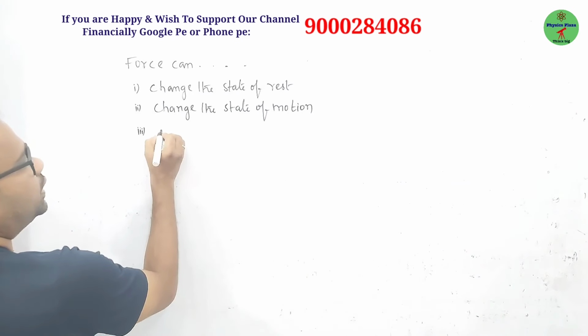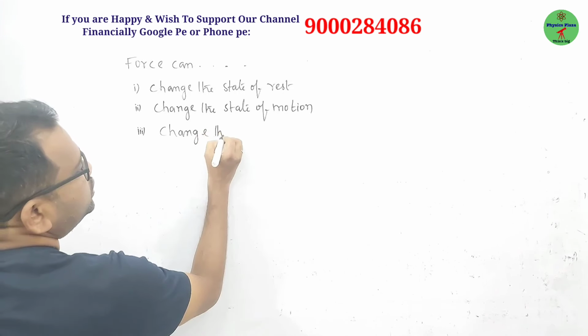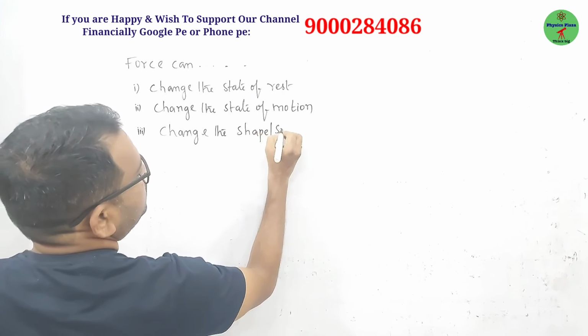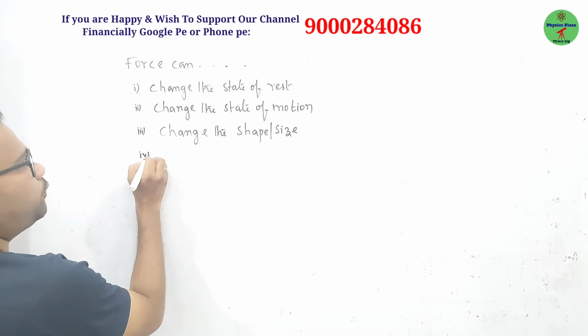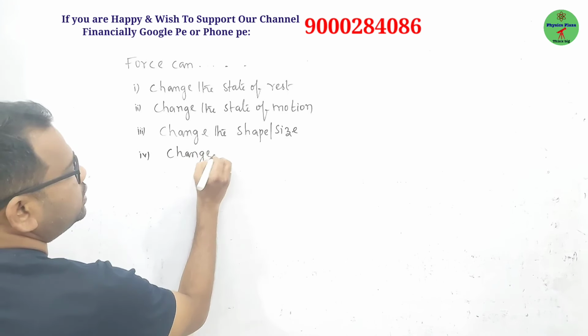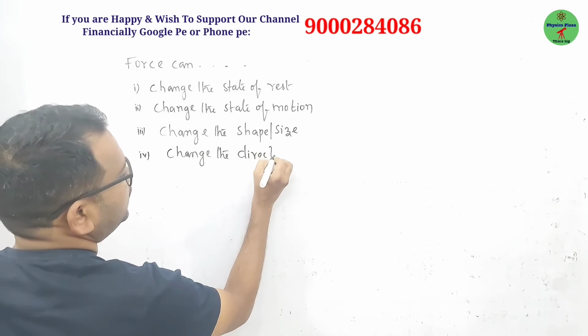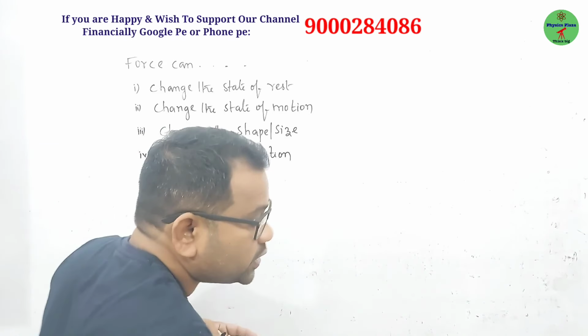So here, third one, it can change the shape or size of an object. And fourth one, force also can change the direction of an object. So this is what actual force can do.